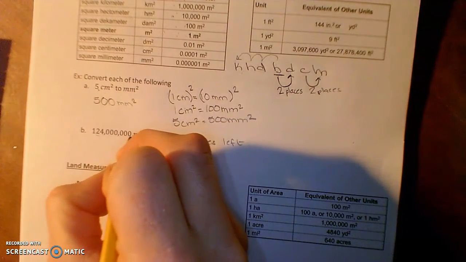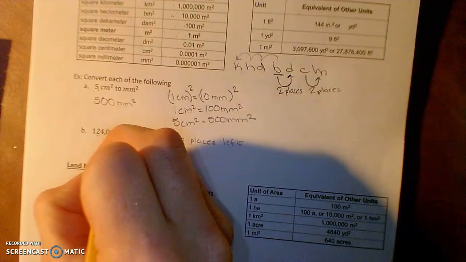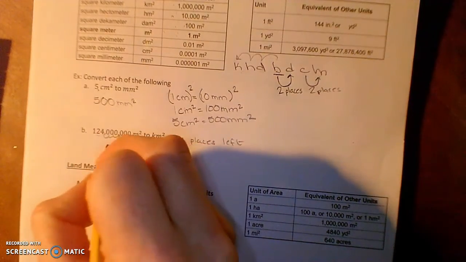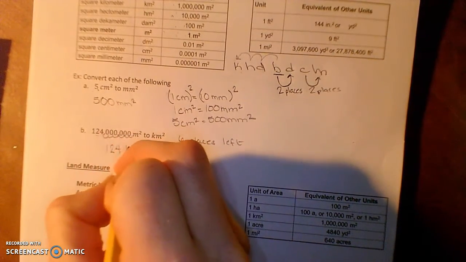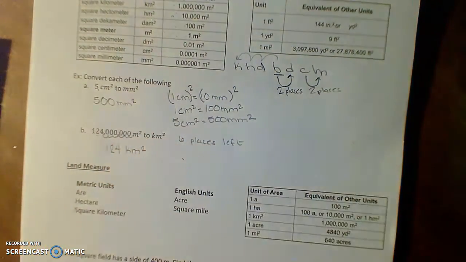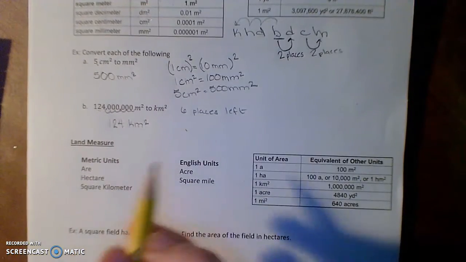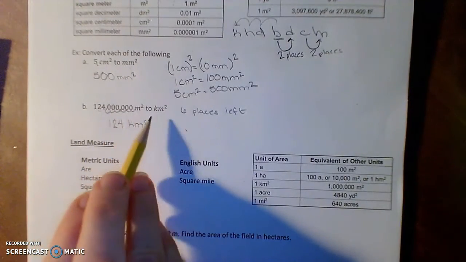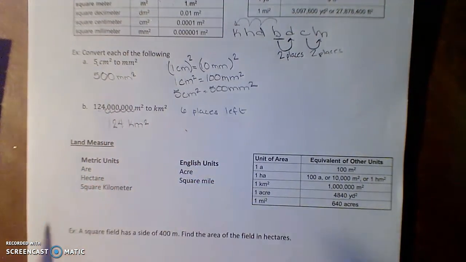So here's my decimal point: 1, 2, 3, 4, 5, 6. So that's 124 square kilometers, which would make sense because 1,000,000 square meters is 1 square kilometer. So 124 million should be 124 square kilometers.